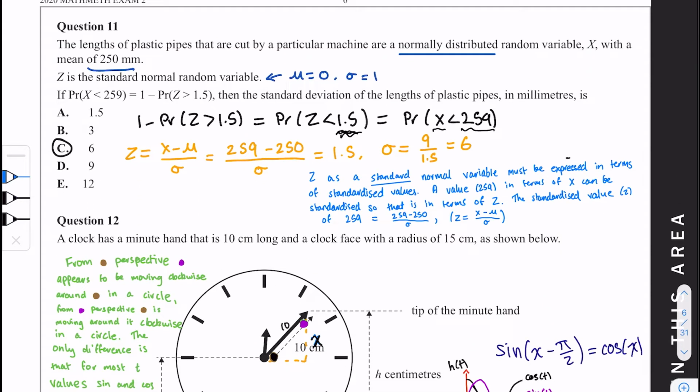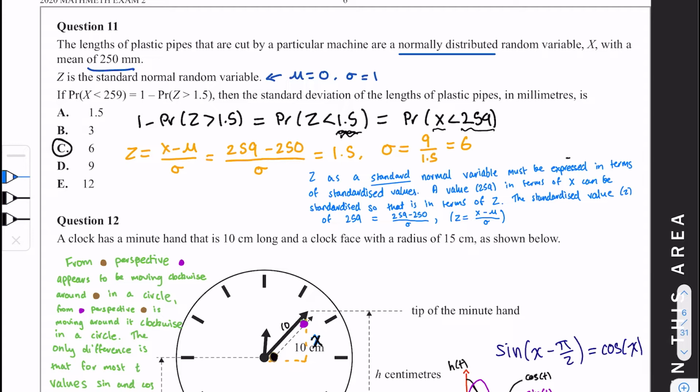All right, question 11. We get a normally distributed variable x that has a mean of 250. We know that z is the standard normal variable, so it has a mean of 0 and a standard deviation of 1. So basically, it's saying that this probability of x is equal to that probability.